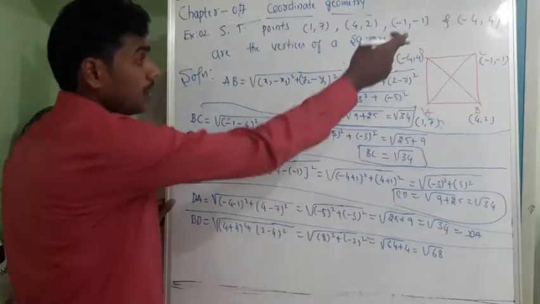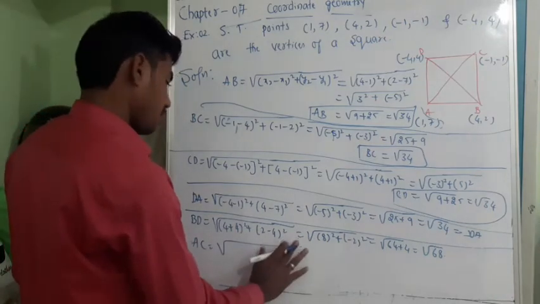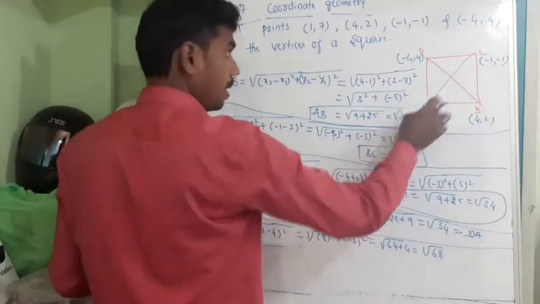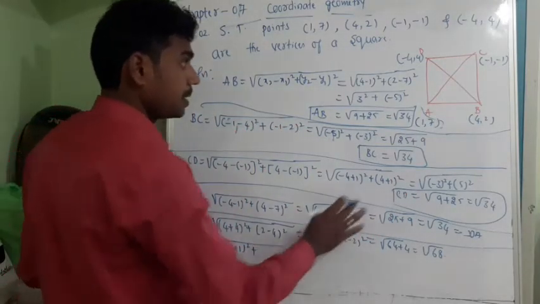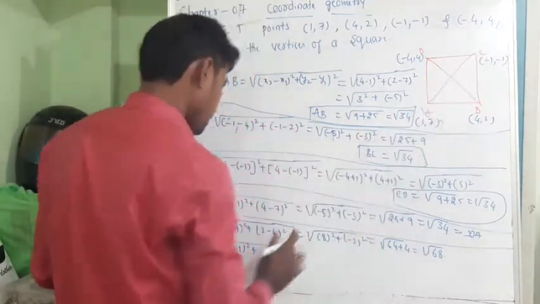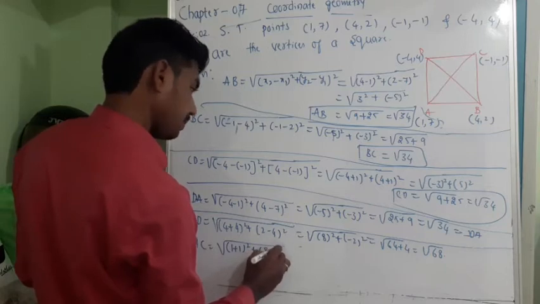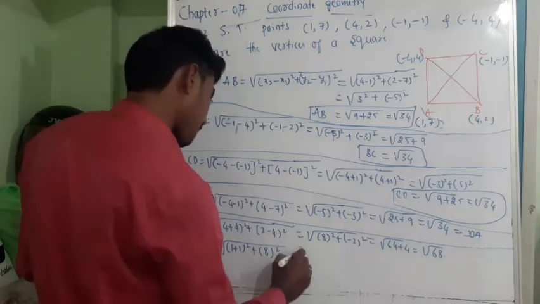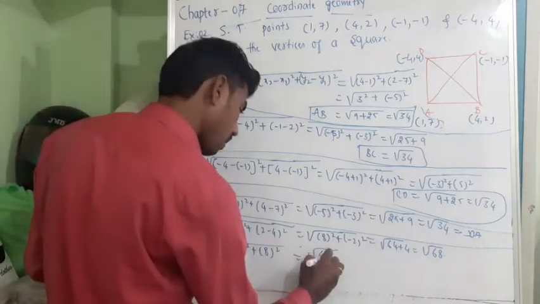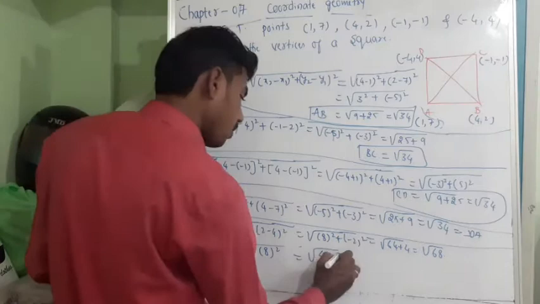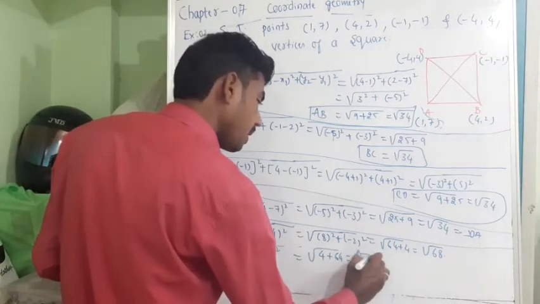Next, AC or CA is equal to, 1 minus of minus 1 is 1 plus 1, whole square, plus 7 minus of minus 1 is 8 squared. 1 plus 1 is 2 squared, which is 4, and 8 squared is 64, which is equal to root of 68.